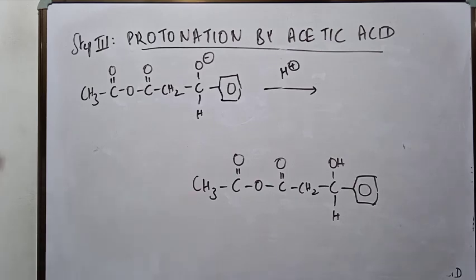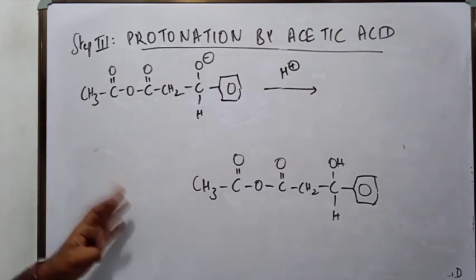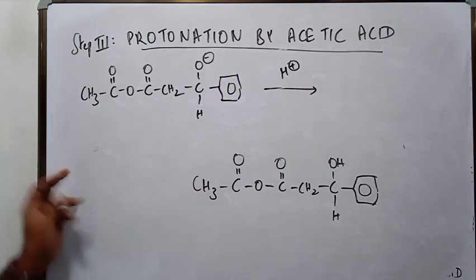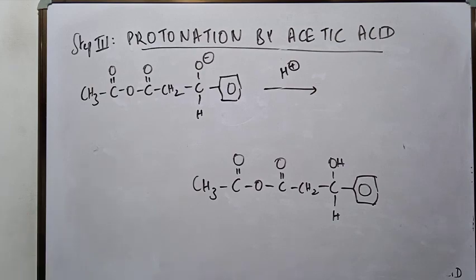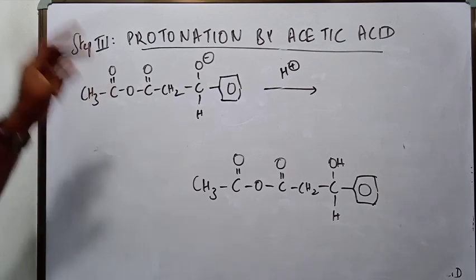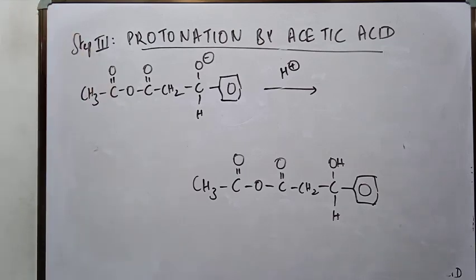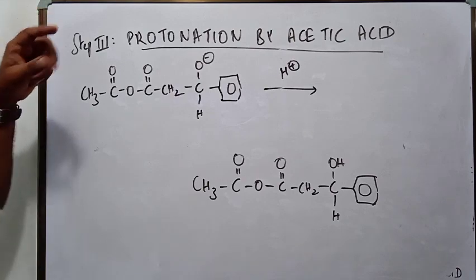Now, first step, second step, and the third step, they are similar to aldol condensation. They are the same. They are analogous to aldol condensation. In aldol condensation also the same steps are followed.